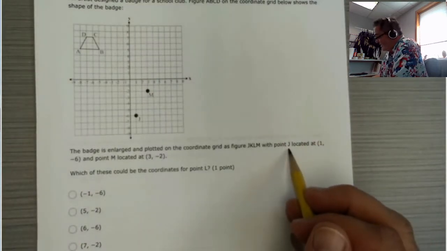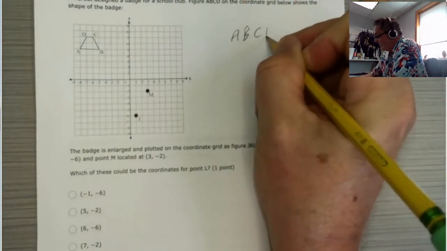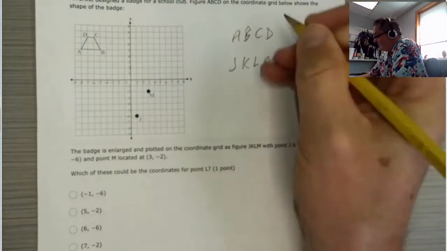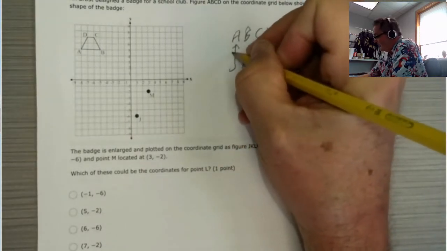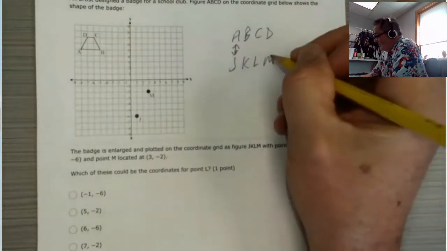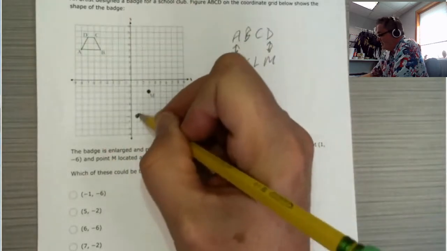Point J is located at 1, -6, because it says A, B, C, D, and then it names it JKLM. So that means A and J are corresponding. So that's this one and this one. So M and D correspond with one another. So that is this side over here.